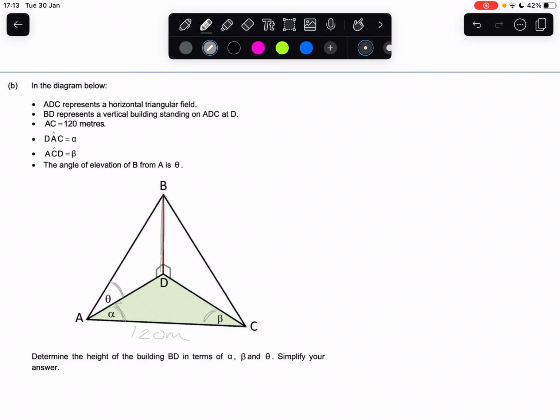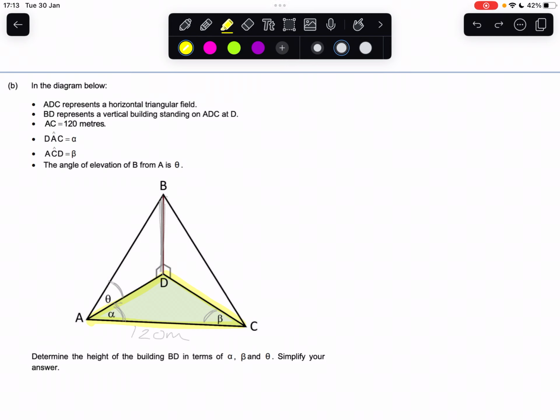I don't know why I went to SOH CAH TOA. Anyway, so we are trying to get here. The triangle where we have the most information is this one, right? We've got the length of AC, we've got alpha, we've got beta. So we need to try and get from this triangle to that triangle over there.